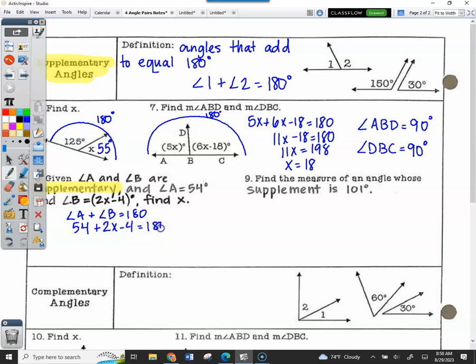Set up the equation, plug in what you know, clean it up, subtract 50, divide by 2, what do you get? 65? I don't know.